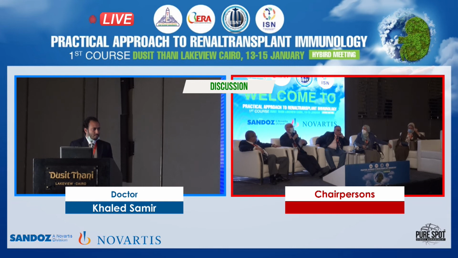The other way around, the situation we have now is a positive cross-match with a negative DSA. So this might be a bit of a queer, awkward situation, and I would not oppose the plasmapheresis very much, and I would have added IVIG, not rituximab, because the patient has infections and so on.